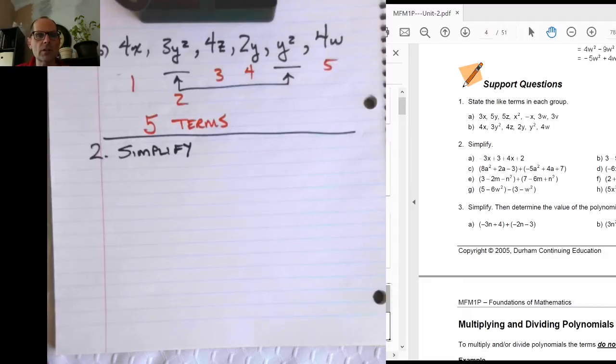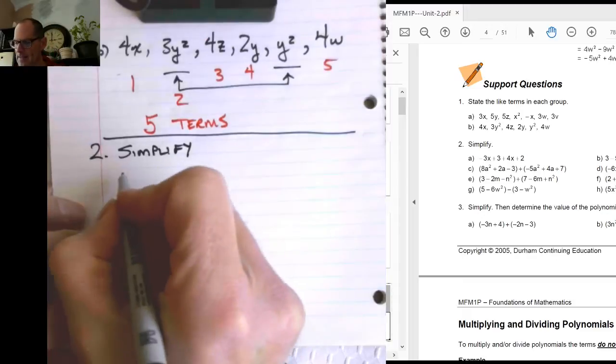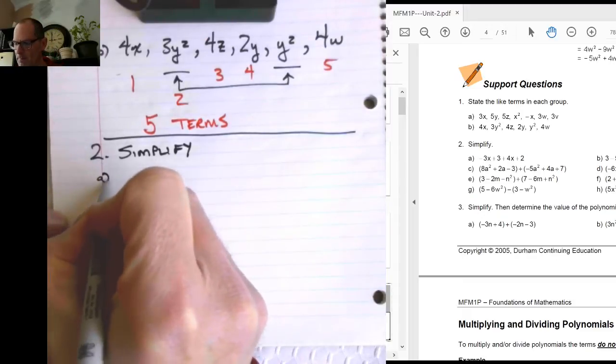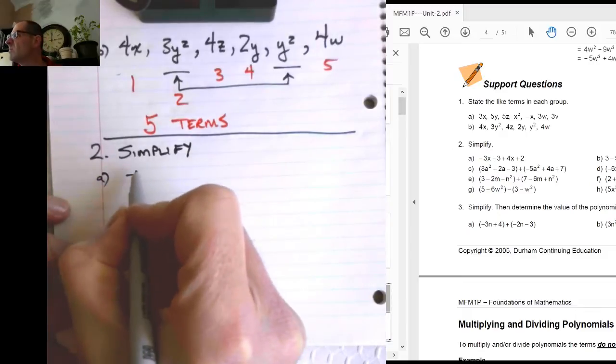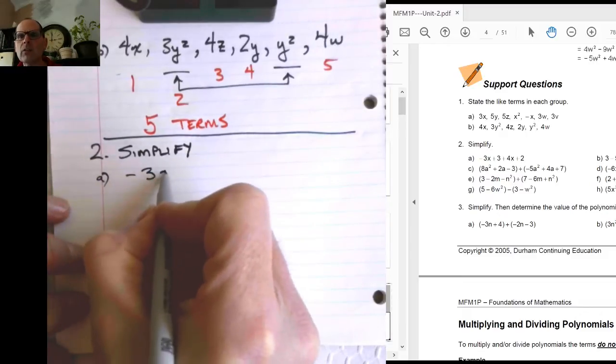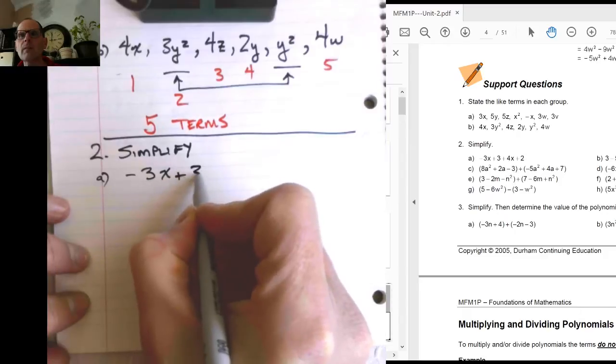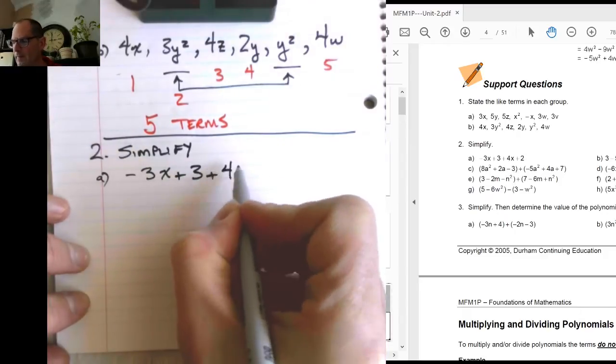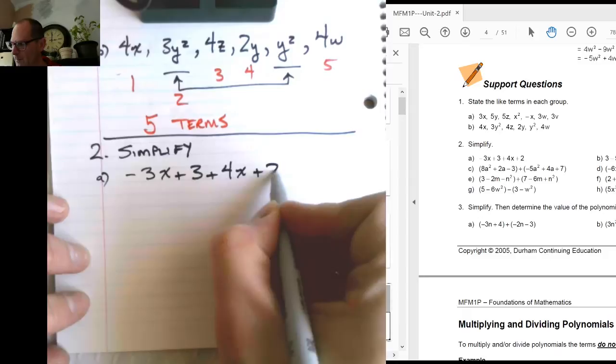That's the first question. Okay, so A, and there's no brackets here, negative 3x plus 3 plus 4x plus 2.